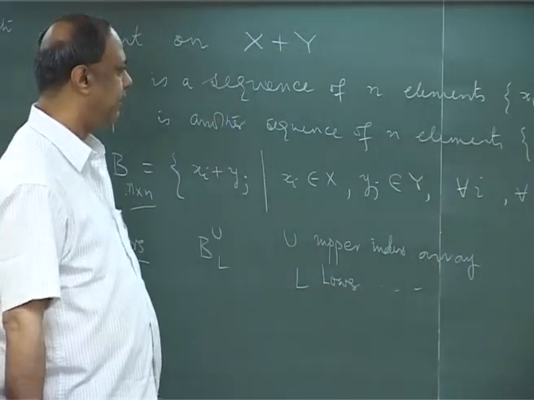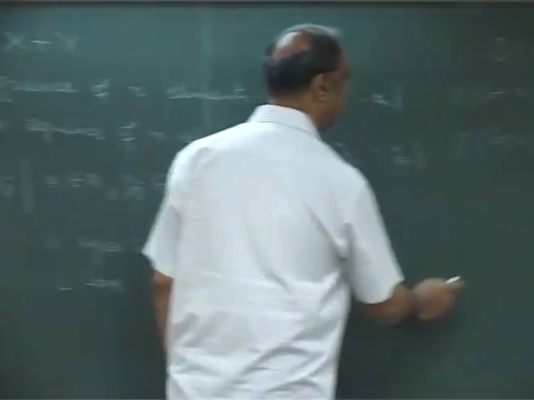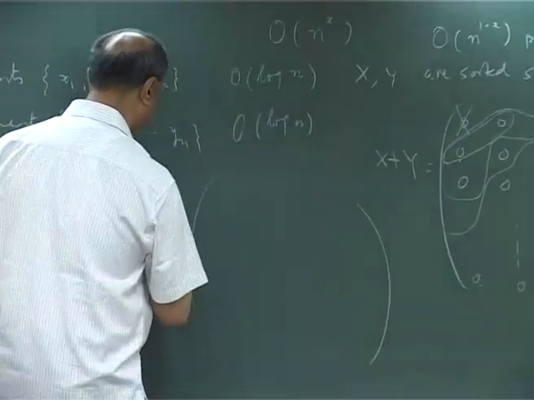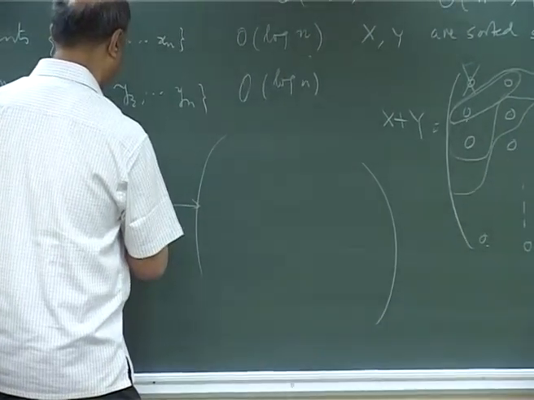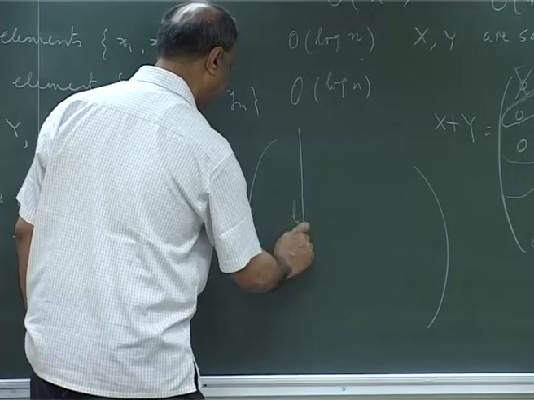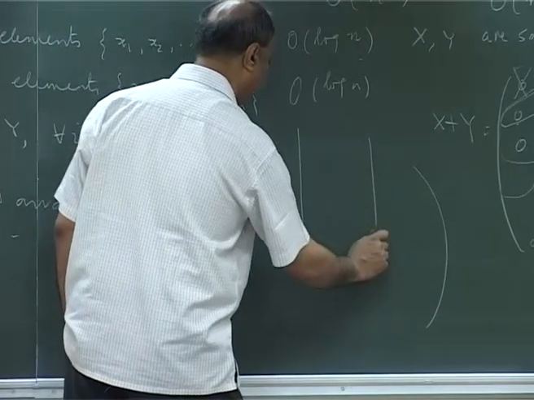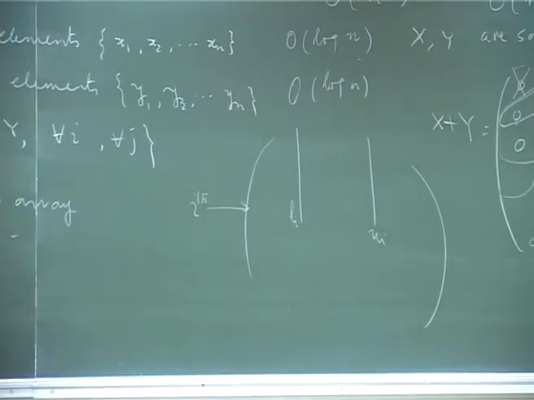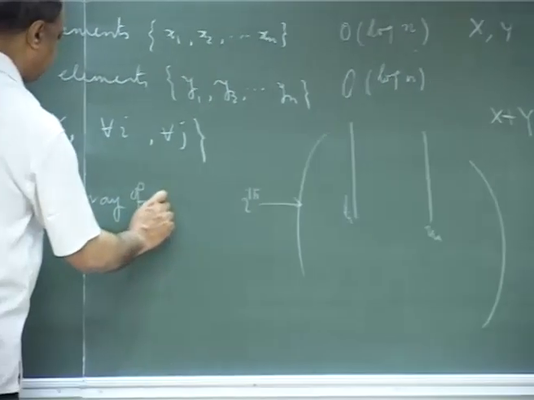What it means is that for the ith row, you have Li and you have Ui, an array of n elements.